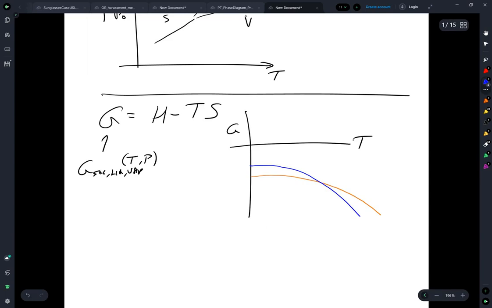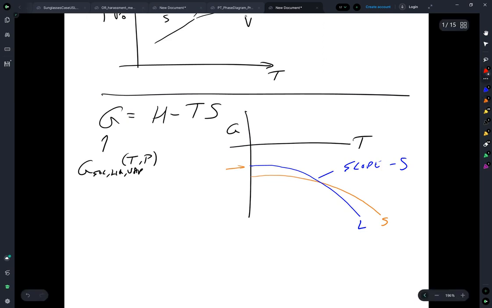And we know we have a higher curvature because the slope of the Gibbs free energy curve is equal to minus S. And we know that the entropy for a liquid is higher than that of a solid. So the slope has to be steeper, and the enthalpy here has to be higher.